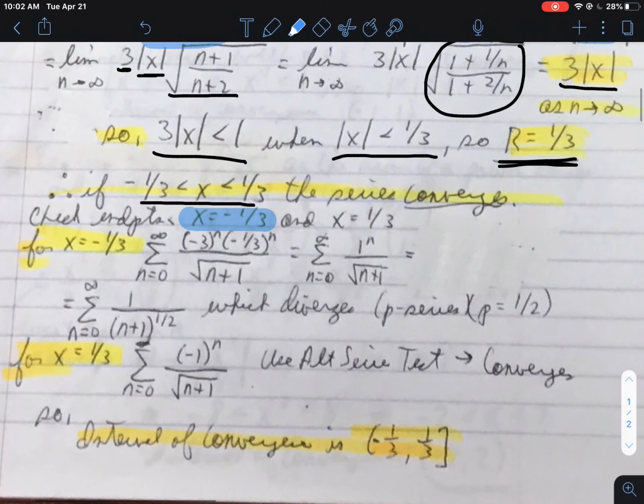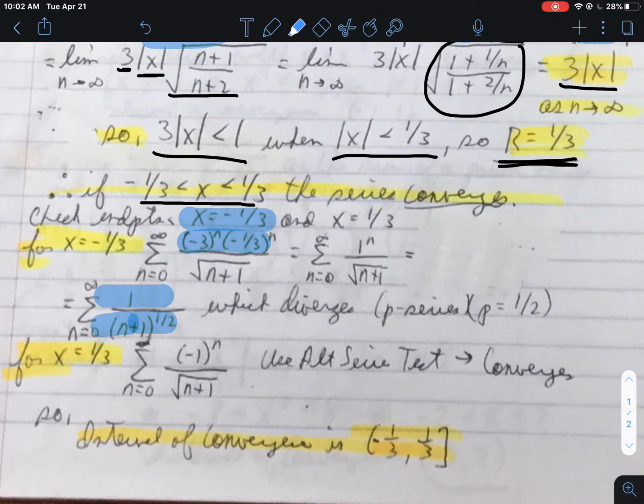I've got negative 3 to the n times negative 1/3 to the n over the square root of n plus 1. Now, negative 3 times negative 1/3 is 1. All right, so that would just be 1 to the n over the square root of n plus 1, or 1 over square root of n plus 1, or 1 over n plus 1 to the 1/2.